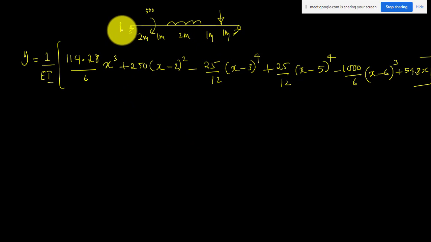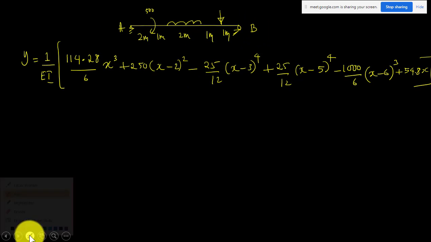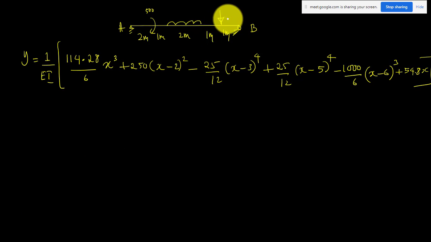So beam AB, this point is C, and then C, D, E, F. This is just a point I am taking. Now your problem is over, meaning you can find the deflection at any point in the beam, because x is measured starting from here, x is 0 at point A, and at point F, x is 3 meters.